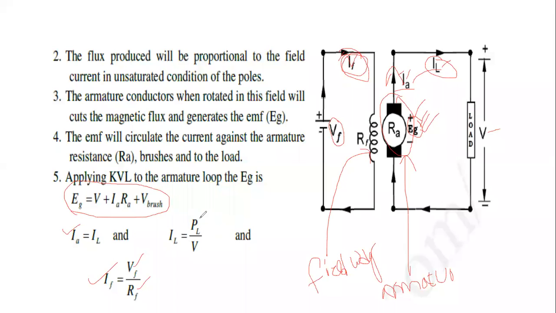And IL is equal to P by V, power by voltage. This is the separately excited DC generator.